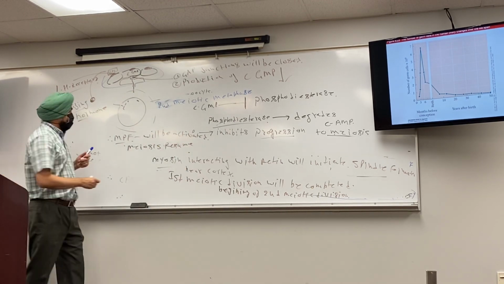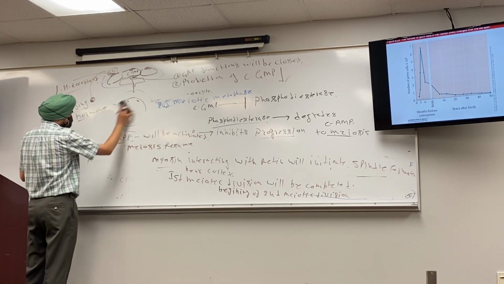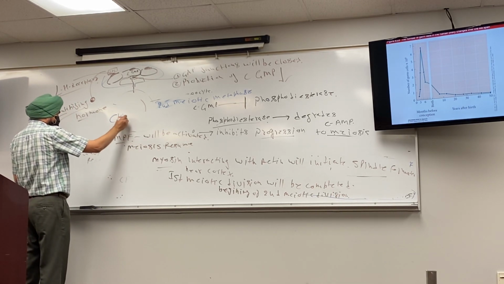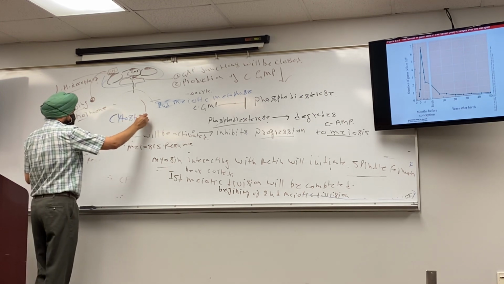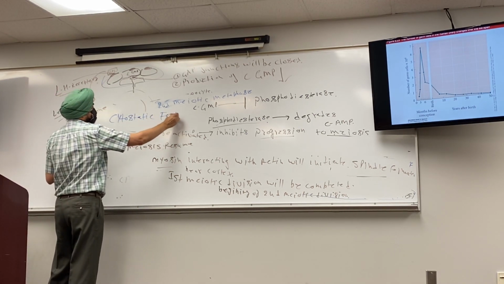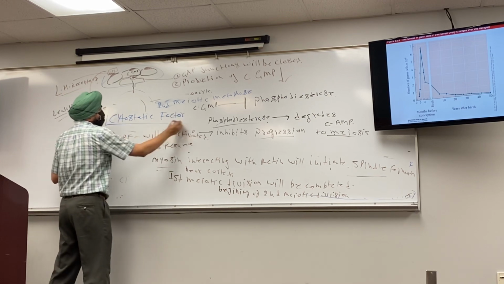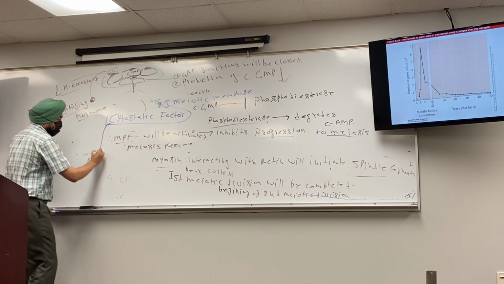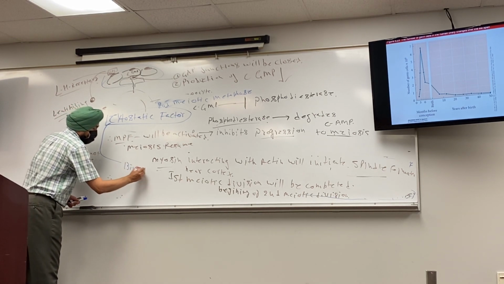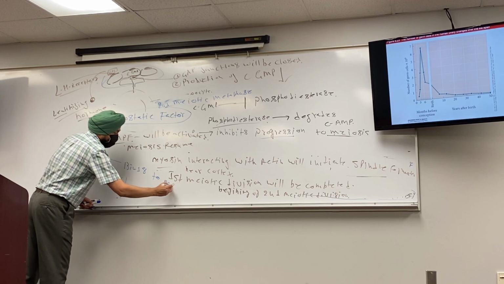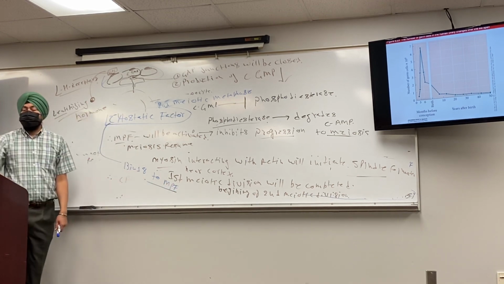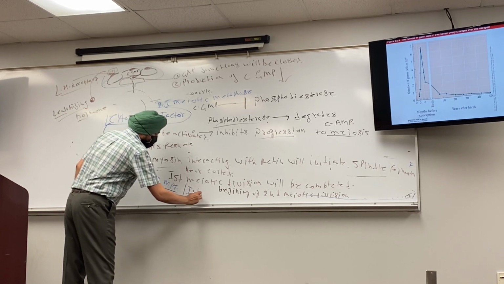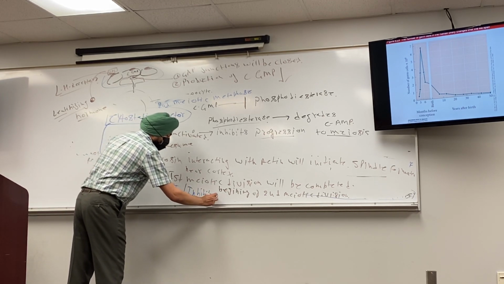And then there's a factor made right here in the oocyte, called cytostatic factor. The cytostatic factor comes there, and what it does is bind to MPF. When it binds to MPF, it inhibits MPF.